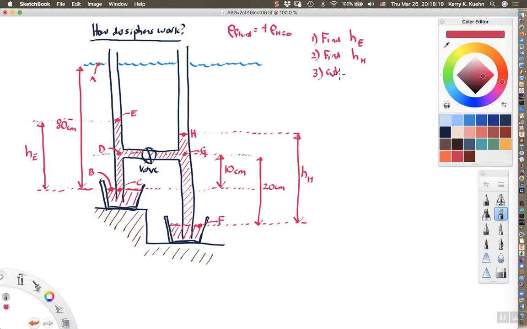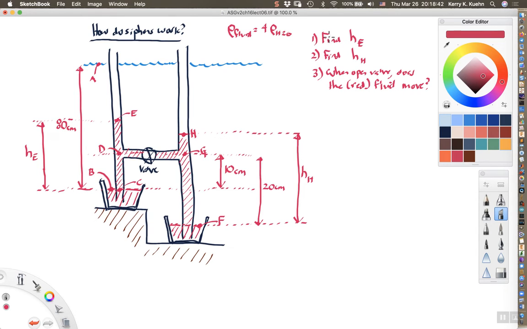So when we open the valve, does the mystery fluid, the red fluid, stay still or does it move? And if so, in which way? Okay, so let's see if we can figure this out.